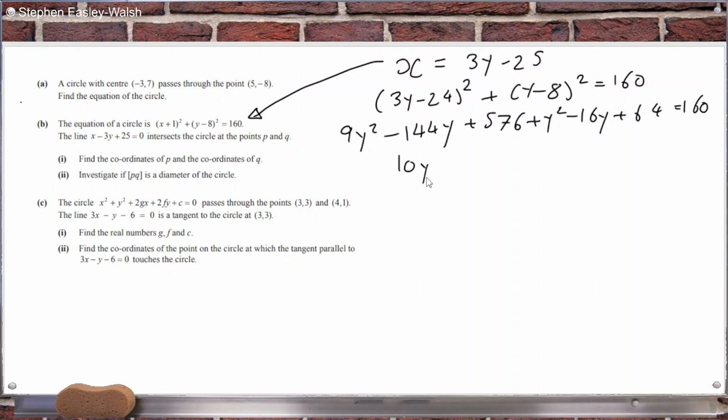So that's 10y squared minus 160y. It'd be really nice if those numbers added up nicely as well. 576 plus 64 minus 160. Well, that's great because that's plus 480 equals 0. So I can divide by 10.